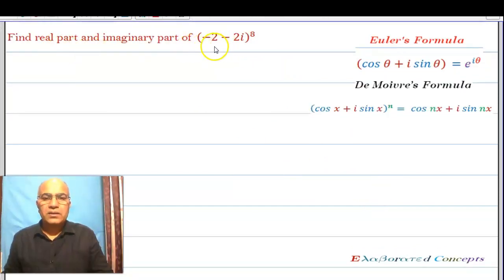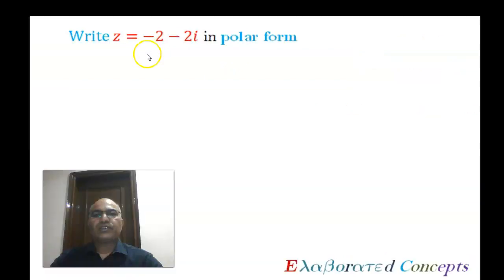Now to solve this, we first of all find the polar coordinates of minus 2 iota. That we have done in the previous videos. I have shared the link in the description box, but I am also sharing a part of it. Minus 2 iota in polar form.